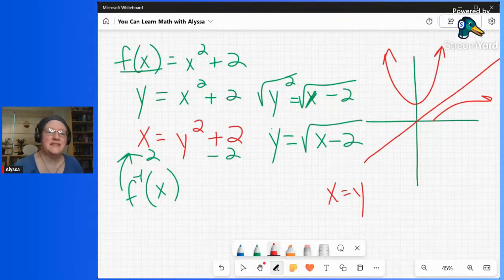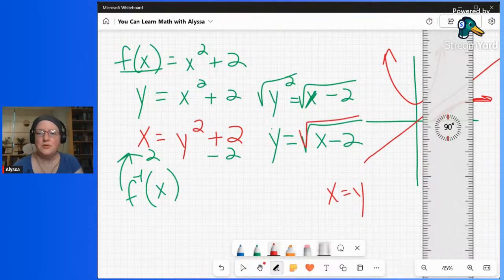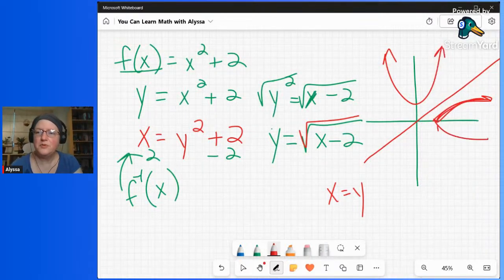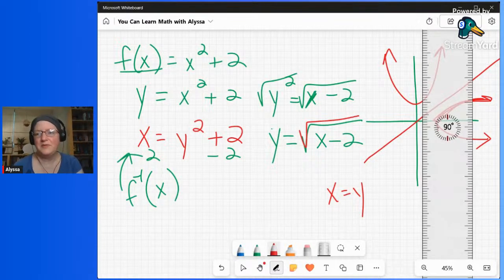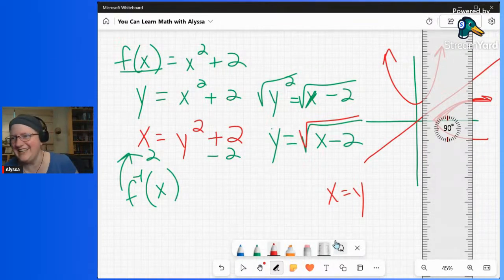If we kept it in this state, x equals y squared plus 2, it would be a sideways parabola, but that would no longer be a function. It has to be in this square root of x minus 2 form, so it's only the top part. Remember that ruler test we talked about, that straight line test going up and down? If we had that y squared plus 2 and we put the ruler up, see, it's crossing it twice, so it's no longer a function. So that's why we get to that square root point.